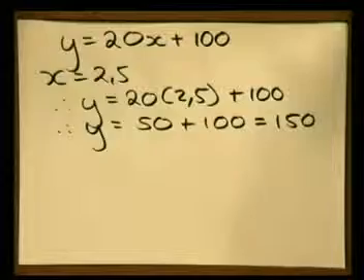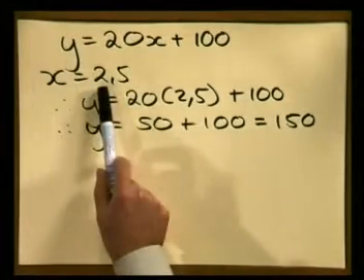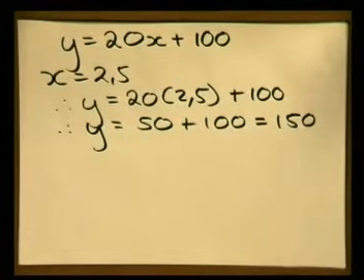As x in this situation represents the number of deposits, does it make sense to let x be equal to 2,5? Think about it. We can go to the bank and make a deposit once, twice, or even 50 times. But it doesn't make sense to go 2.5 times. Even though this input value has been used correctly in an algebraic calculation, it is not admissible in this context where x represents the number of deposits.